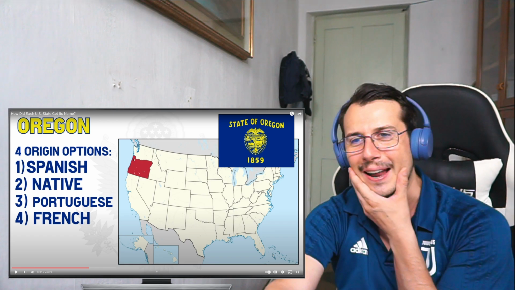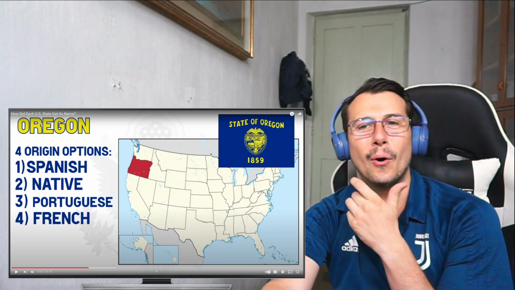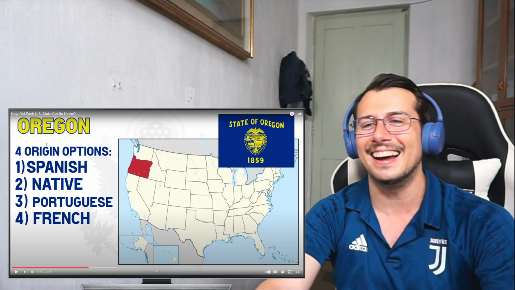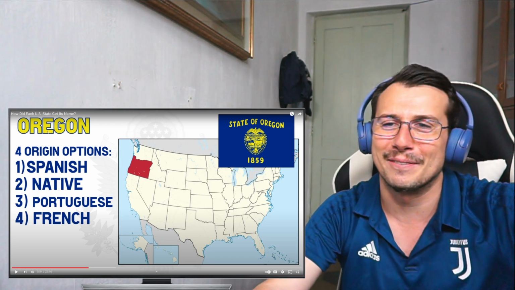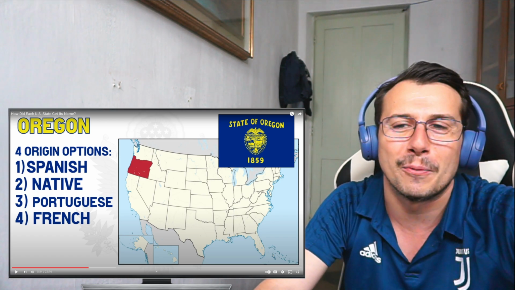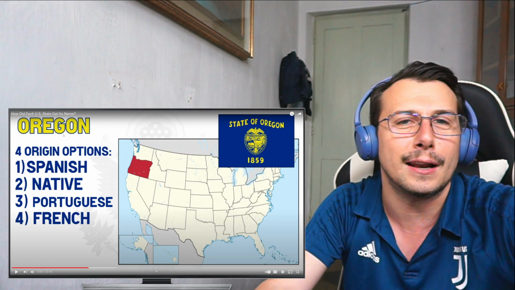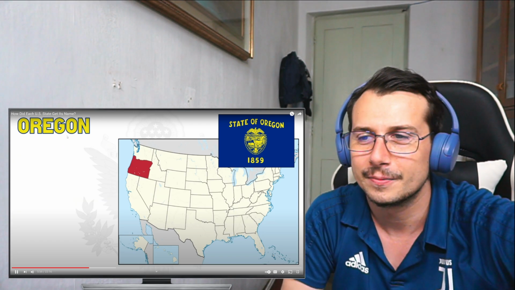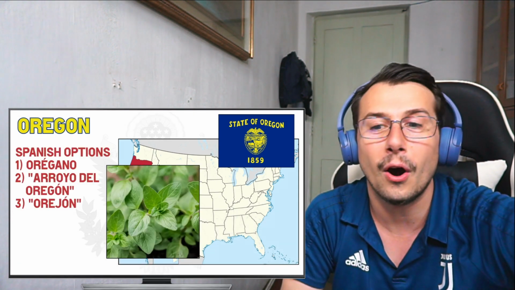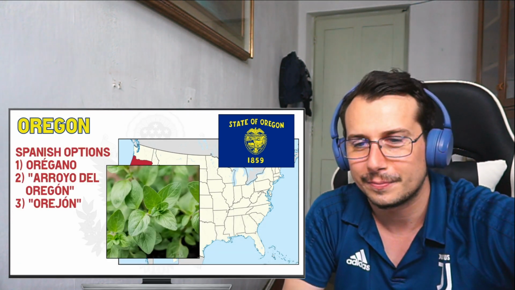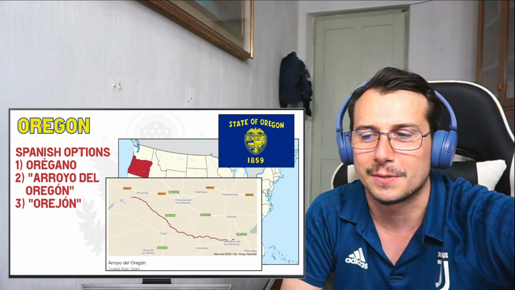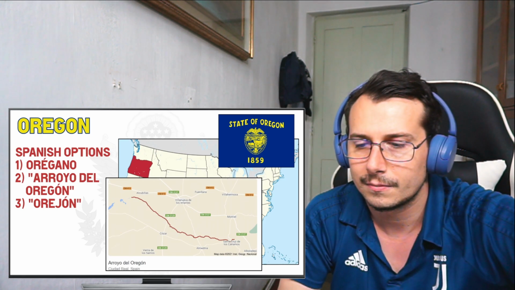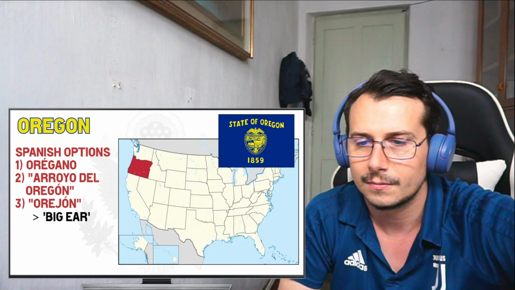It's like a square. Ore, I don't know, golden square. Let's go with that one, but I'm not too sure about it. Oh, another one could be like the land of the Oreos. The Spanish could have named it after the word oregano, referring to a plant which grows in the southern part of the region, after a stream in Spain called the Arroyo del Oregón, or after the term orejón, meaning big ear, with the J then turning into a G.